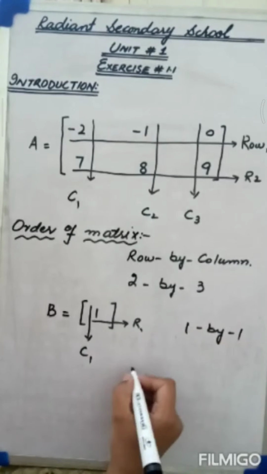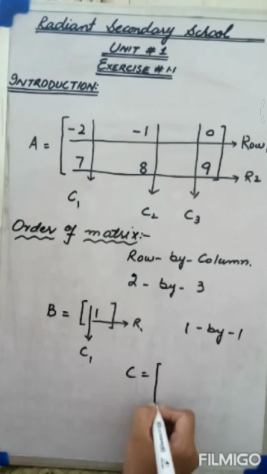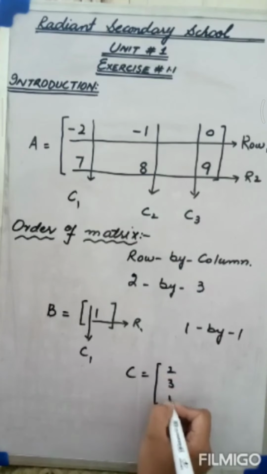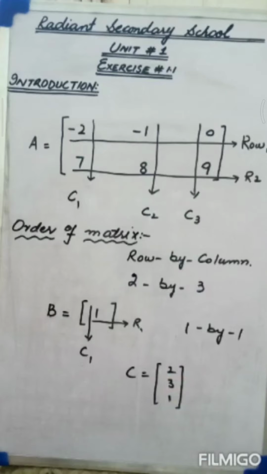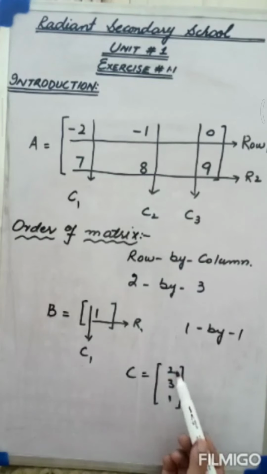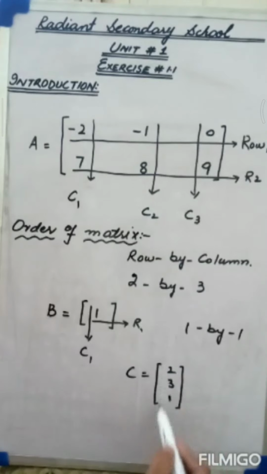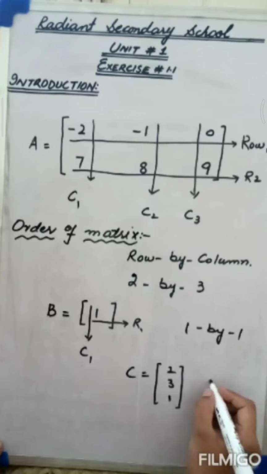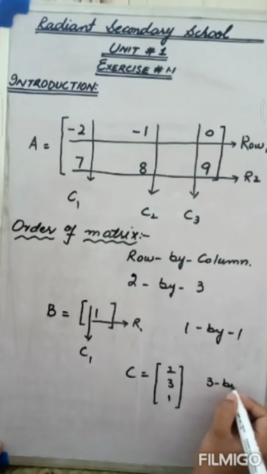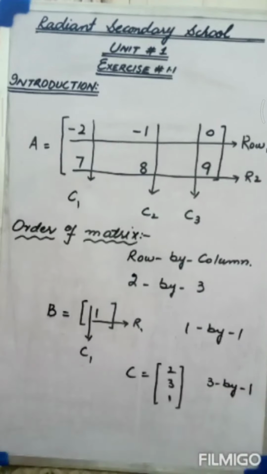Suppose I have another example: 2, 3, 1. What will be the order of this matrix? How many rows are there? 1, 2 and 3, and the column is only 1. So the order will be 3 by 1. I hope you can do question number 1.